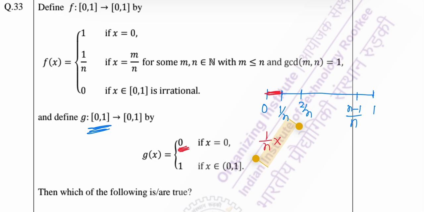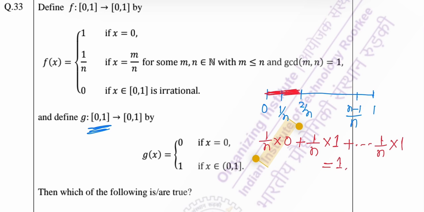So we multiply this with 0, and the length of the second subinterval is 1 by n, the same, and this time we multiply it with 1. The remaining intervals will be multiplied by 1, and if you tend n to infinity in this sum, then you will again get the same thing, 1.